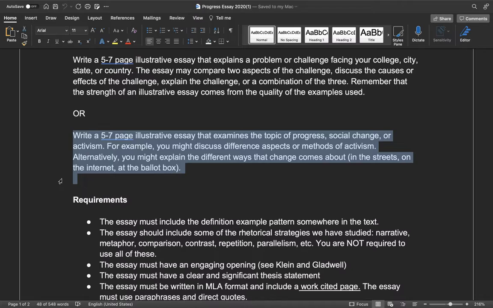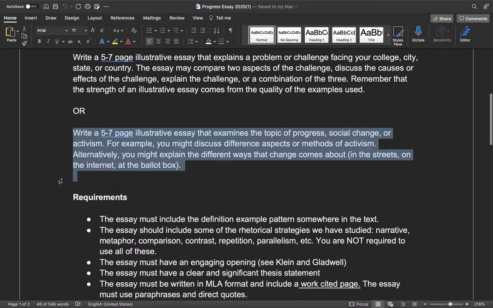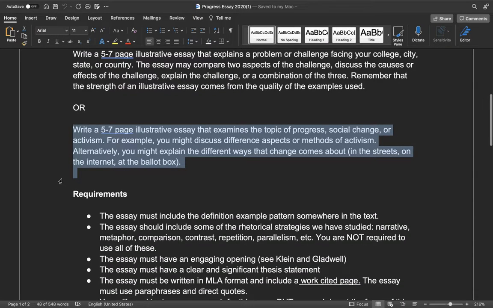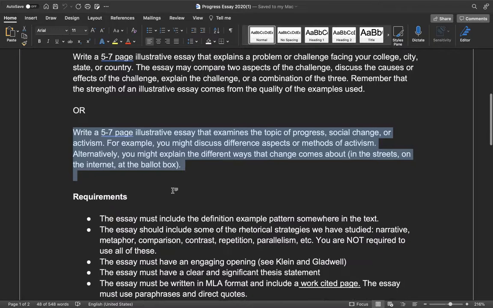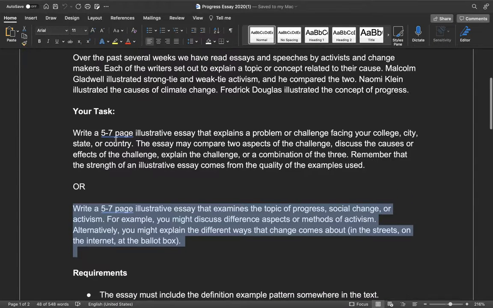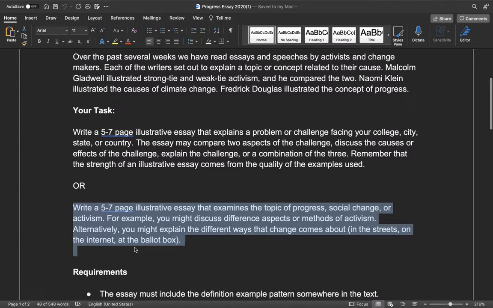Alternatively, you might explain different ways that change comes about. Does change come about in the streets, through protest, through internet activism, at the ballot box, or some combination of these elements? So you have two choices to write on when it comes to your illustrative essay.